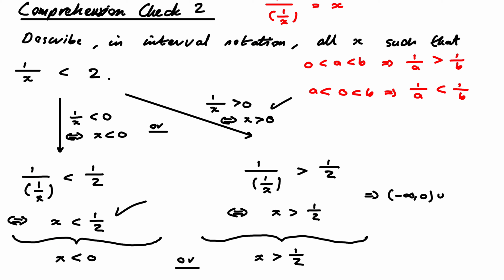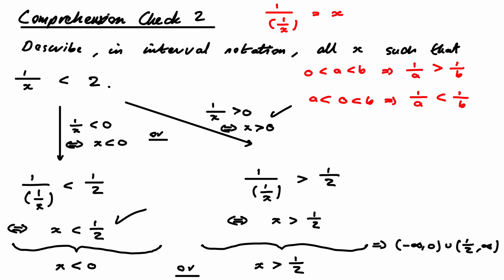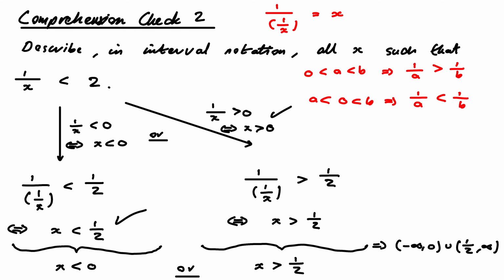So this is a tricky example. This is exactly the kind of thing that can trip you up. You've got to think really methodically, precisely because you're going to have different algebra depending on whether x here is positive or negative.